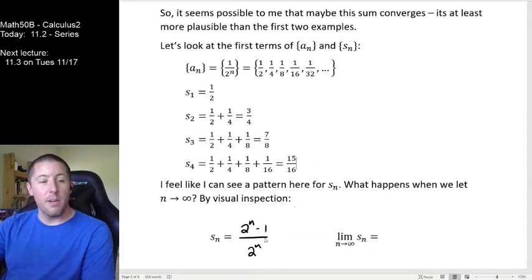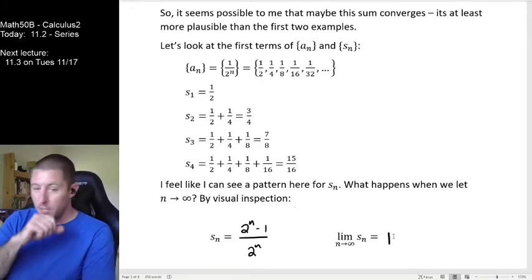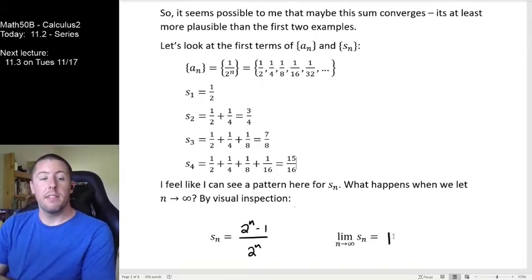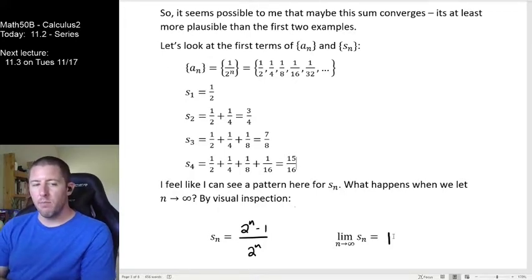Minus 1 is not going to make a huge difference, right? When we're plugging in n to be massive, massive numbers, this numerator is approximately equal to the denominator. And if they're equal to each other, then that is a good suggestion that this should be converging to 1. All right? So it feels to me like this infinite sum of 1 over 2 to the n is not diverging.